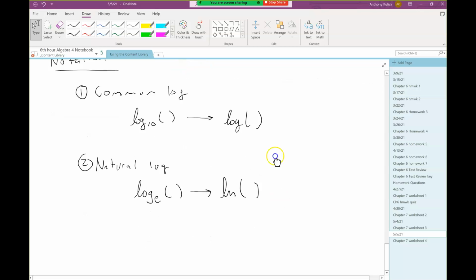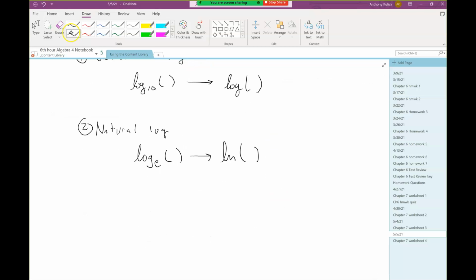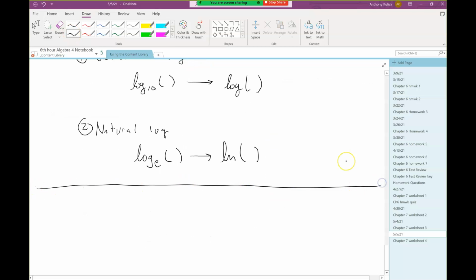Okay, just as a little aside here, you'll notice that when I'm writing my logs, I'm using cursive. When I write log and ln, I'm using cursive. I would encourage you to use cursive when writing your logs rather than printing.